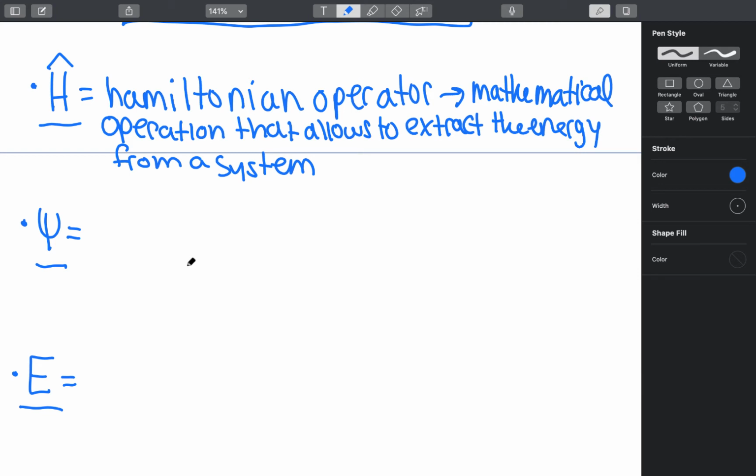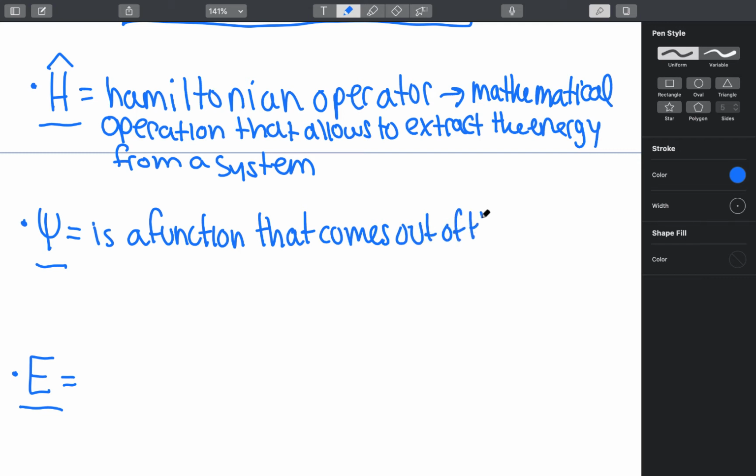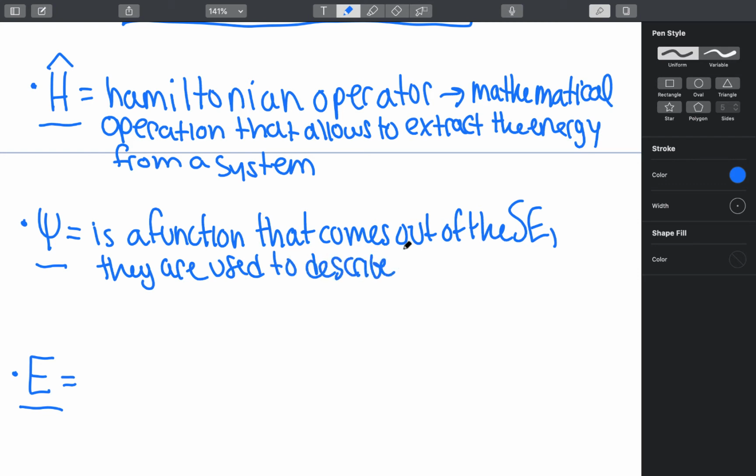A wave function is a function that comes out of the Schrödinger equation, and they are basically used to describe the wave nature of particles.